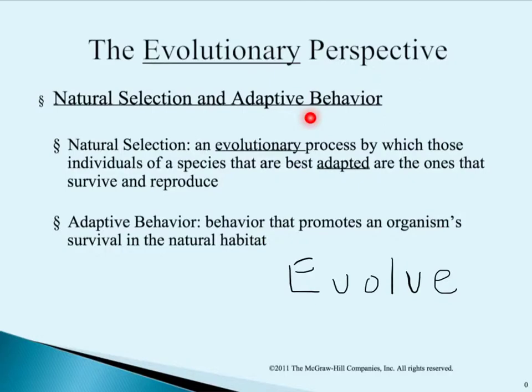Natural selection is an evolutionary process by which those individuals of a species that are best adapted to the environment are the ones that survive and reproduce.